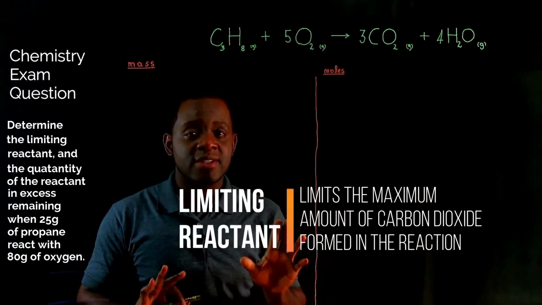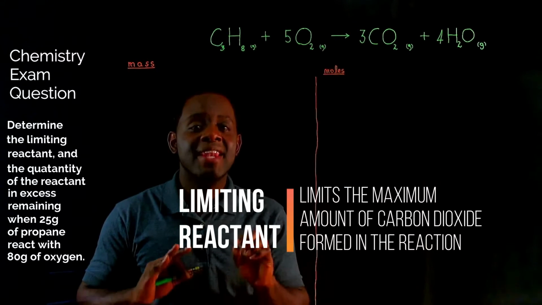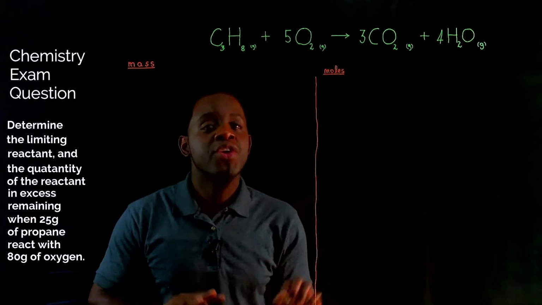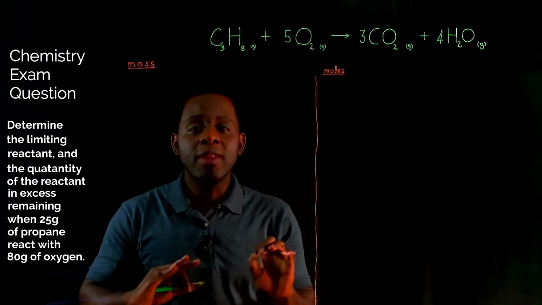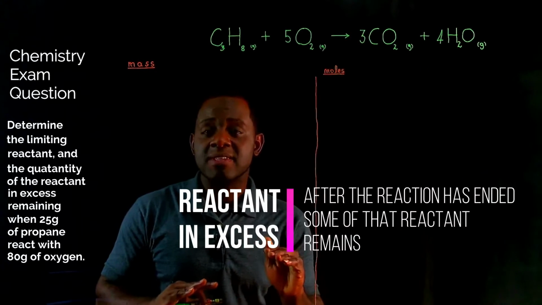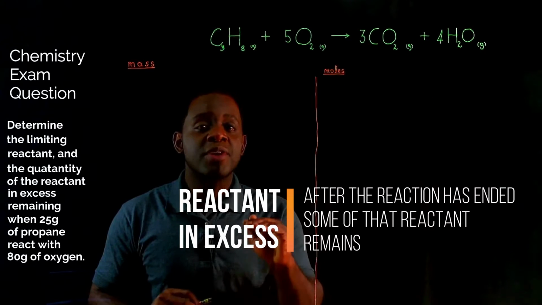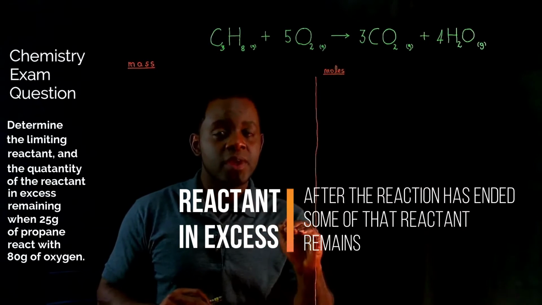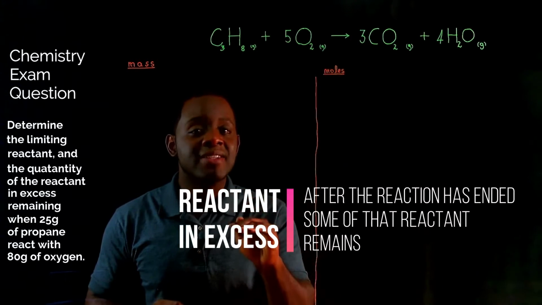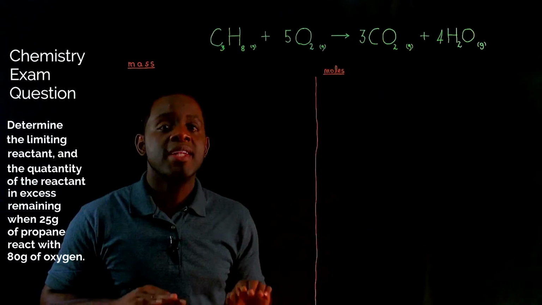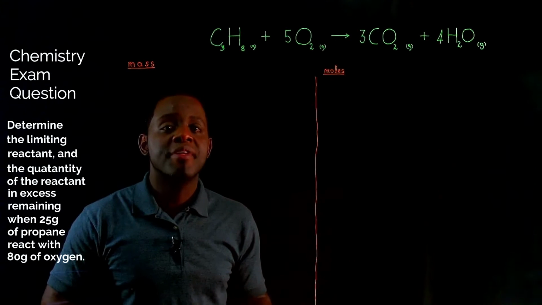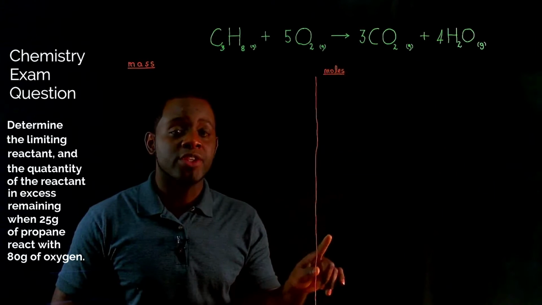That reactant will be our limiting reactant. The other reactant will be in excess, which means that after the reaction has ended, some of that reactant remains. Let's begin, however, with the balanced chemical equation.